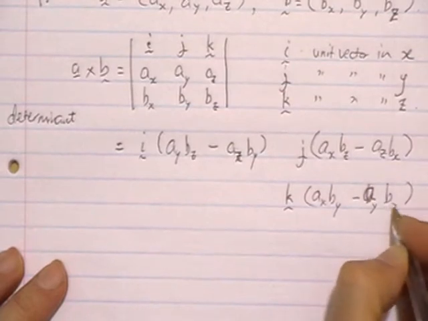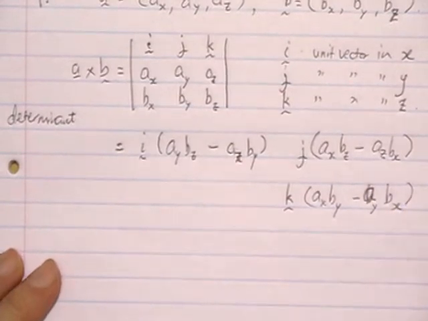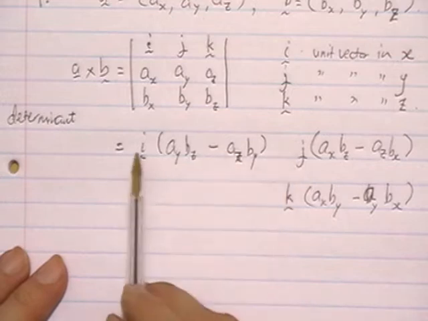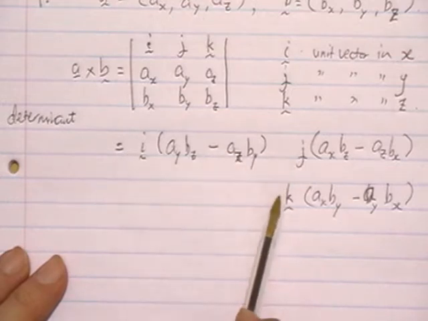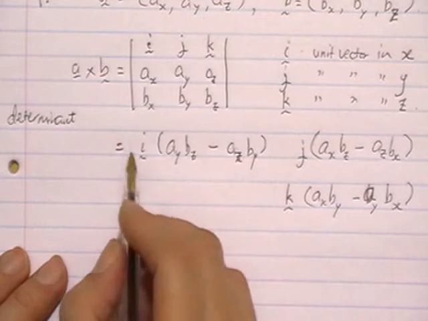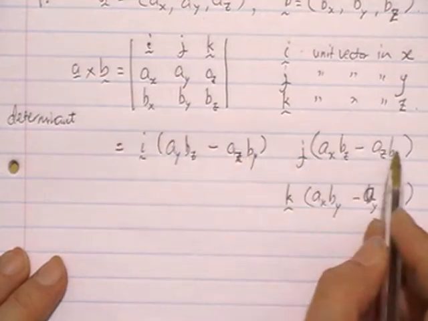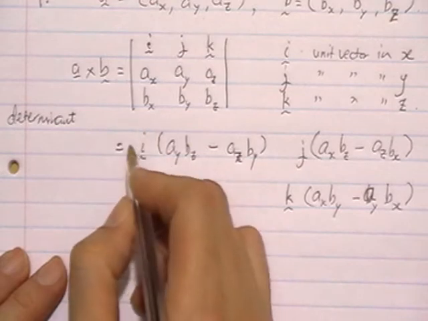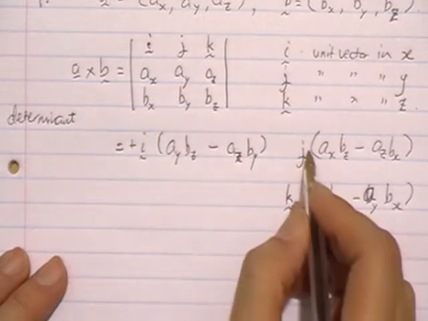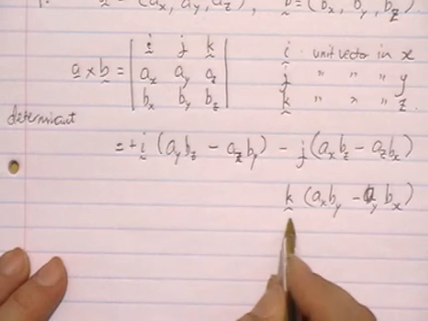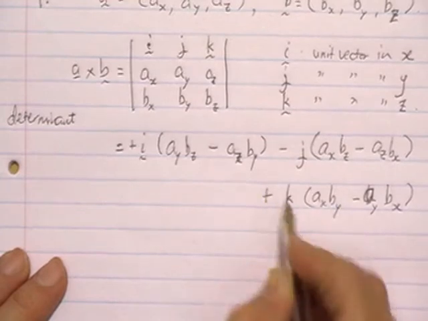So that's that. Finally, I have to put in the signs. I have 3 terms here. For the first term, the sign is positive. The second term, the sign is negative. And the third term, the sign is positive.